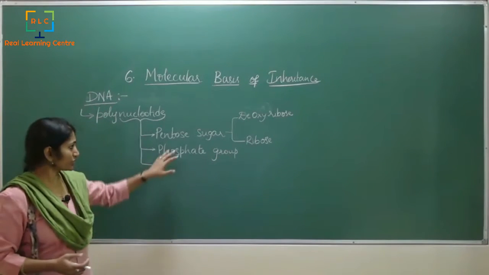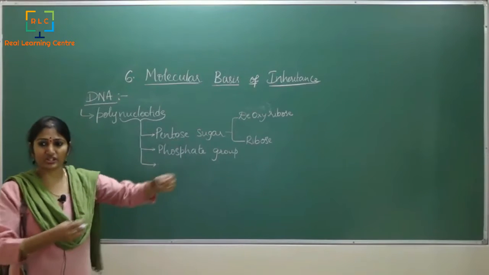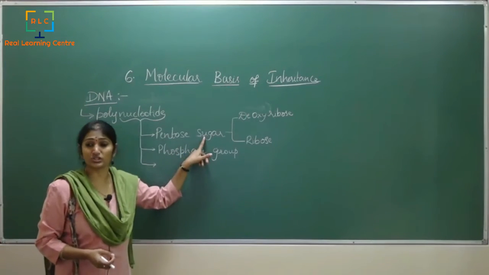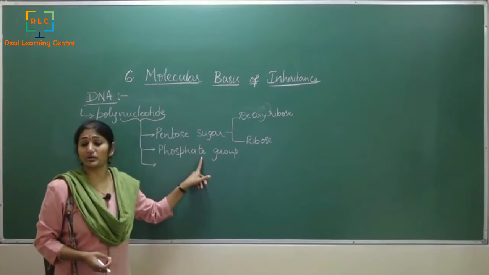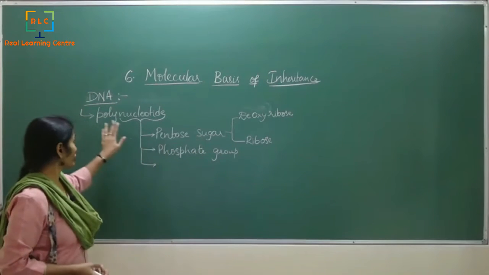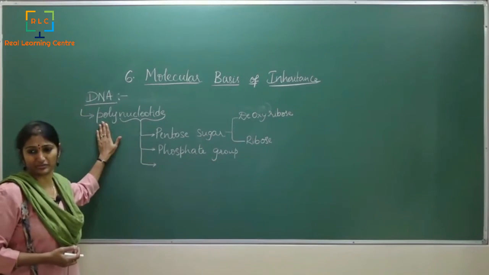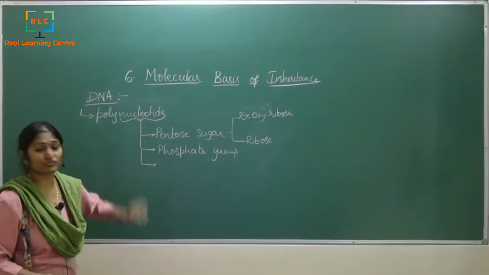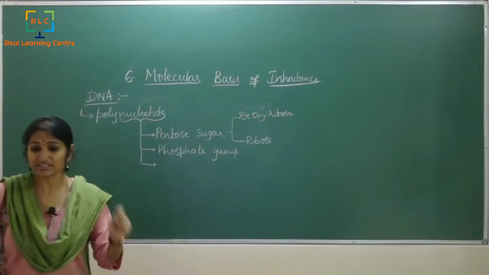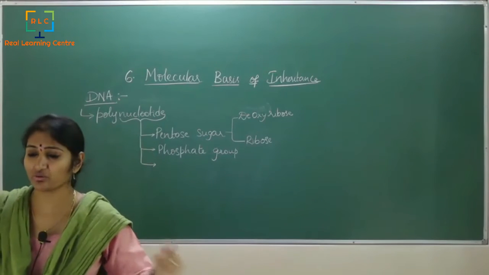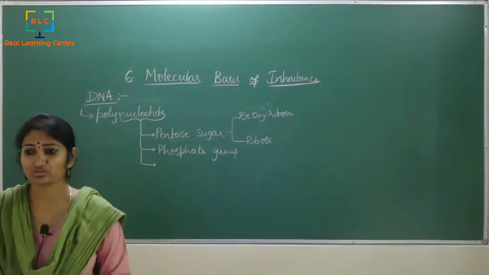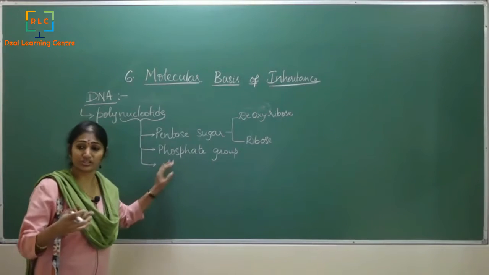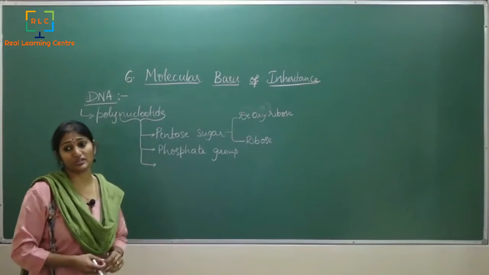Because many sugars are attached together by a phosphate group, we call this a polynucleotide. The poly comes because of the presence of the phosphate group, which helps make it into a poly.